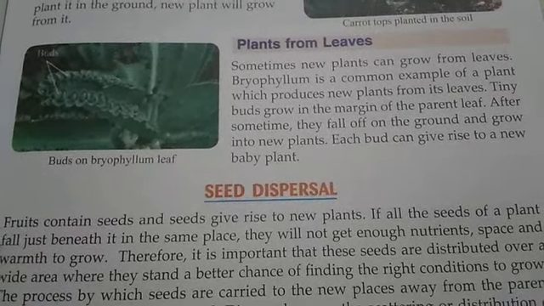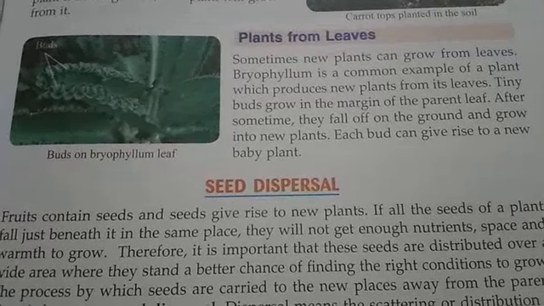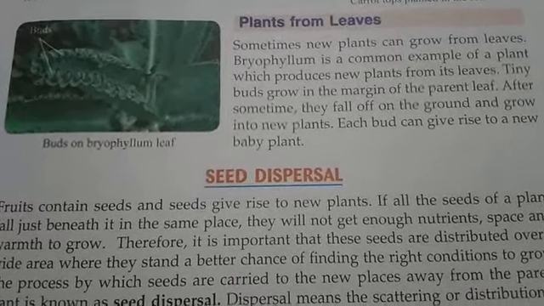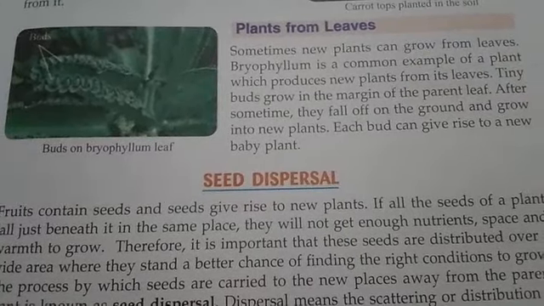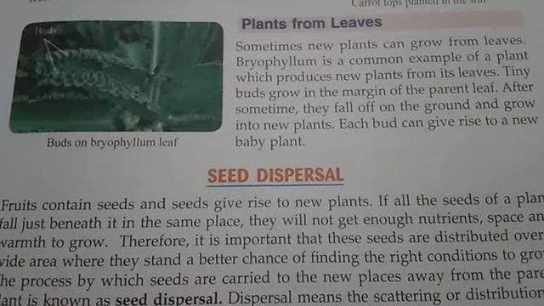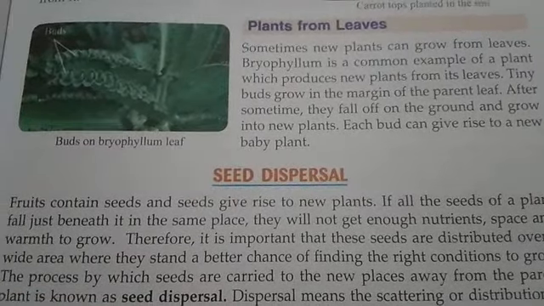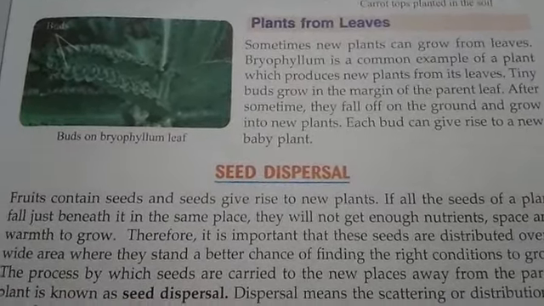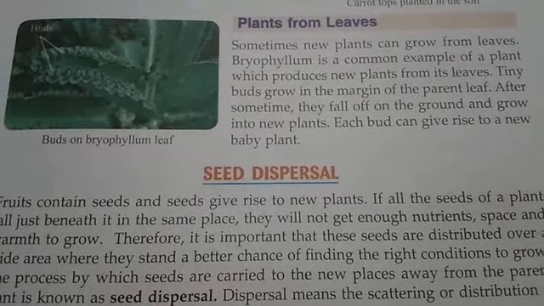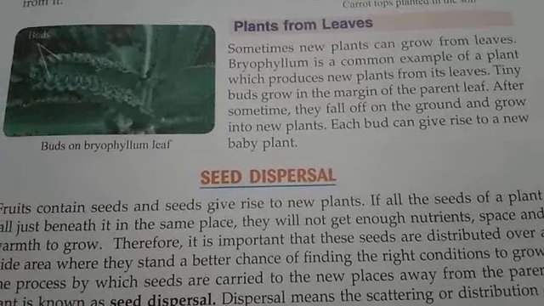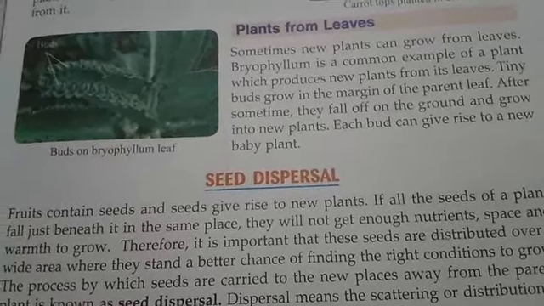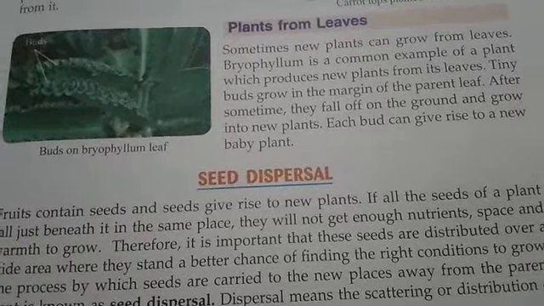These tiny buds grow in the margin of the parent leaf, and after some time they fall off on the ground, and from these buds new plants grow. Each bud can give rise to a new baby plant.